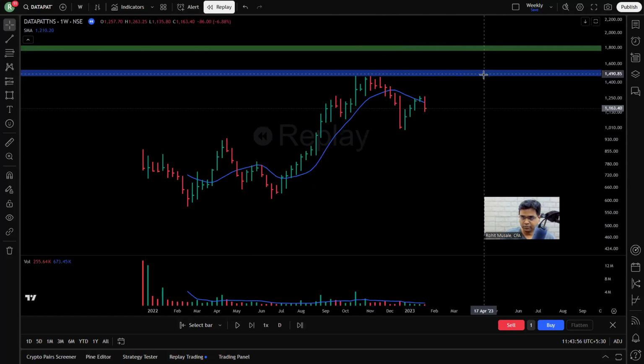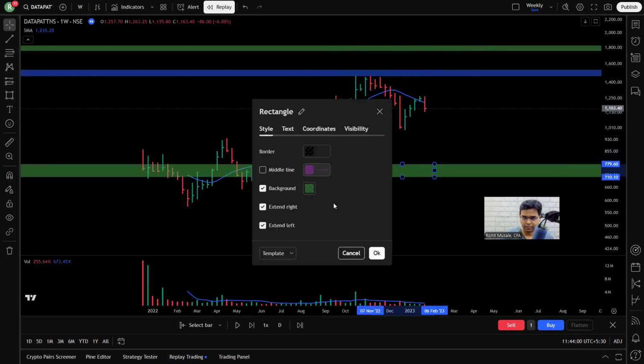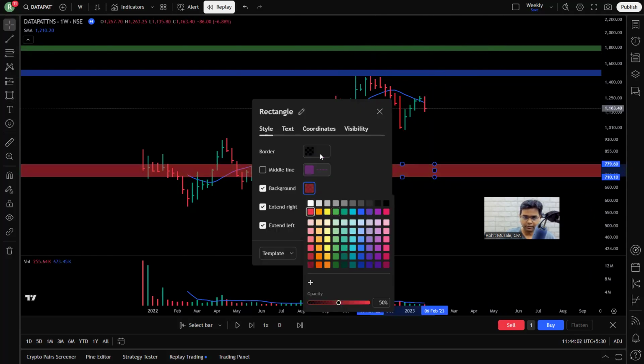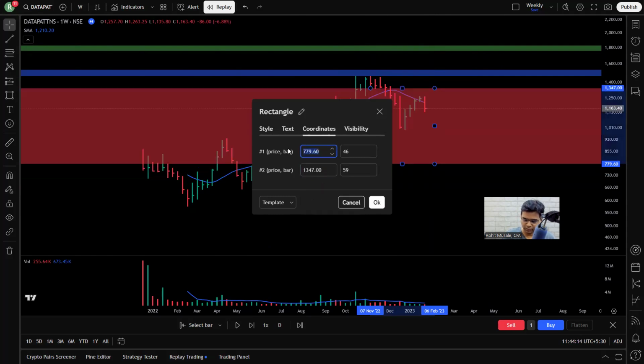So that's the selling zone, that's the buying zone, and we'll draw the stop loss zone as well. It will be red color. This number is 1465 multiplied by 0.92. That's 8% stop loss, 1347. And this number is 1465 multiplied by 0.95, 1391.